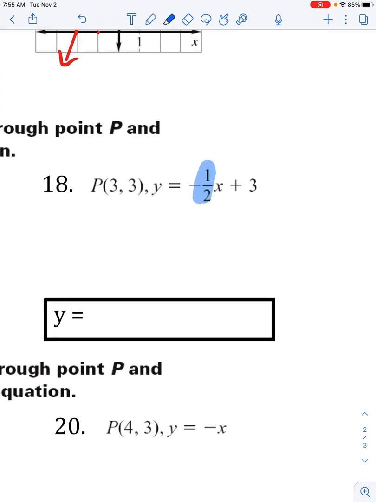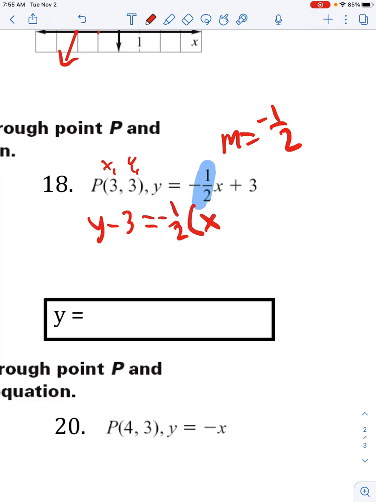Again, keeping it with parallel, okay, my slope is the same, which is -1/2. I take my coordinates for x and y. Y minus 3 equals -1/2 x minus 3. Distribute it, -1/2 x minus, negative times a negative is actually a positive, 3/2.